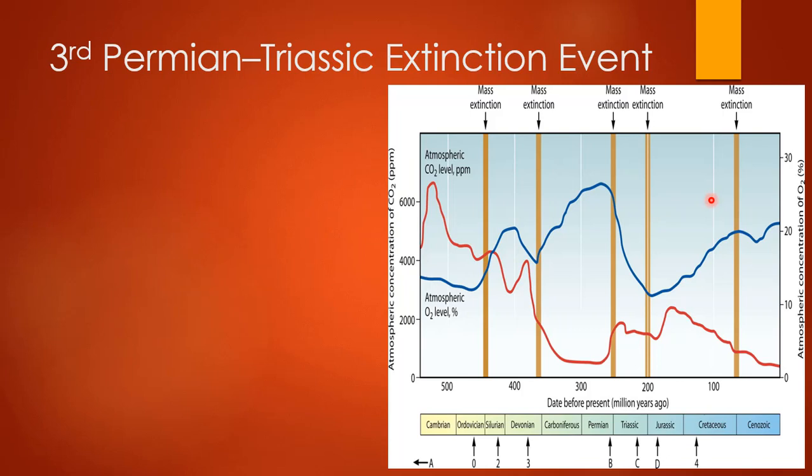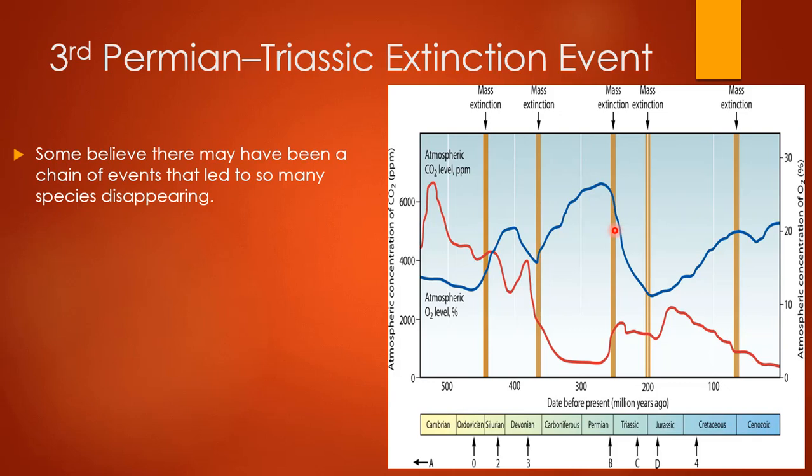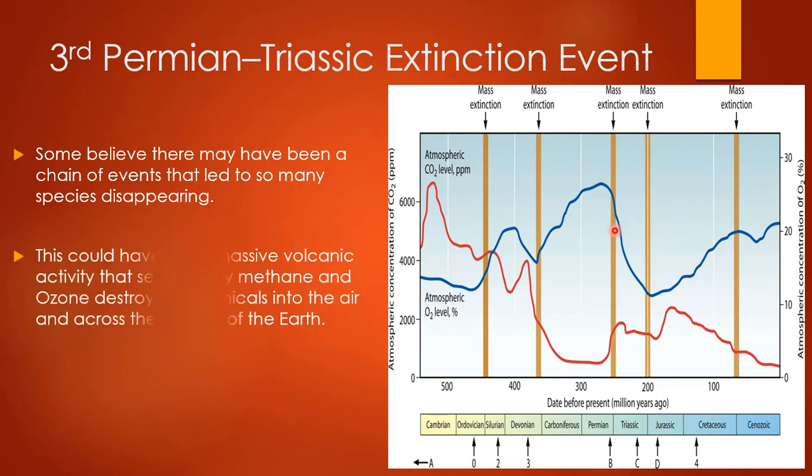So here's the extinction rate right here. Right, so it's right after the oxygen levels were high, so this wiped out a lot of creatures. Some believe that there may have been a chain of events that led to so many species disappearing. This could have been a massive volcanic activity that sent deadly methane and ozone-destroying chemicals into the air and across the surface of the Earth.